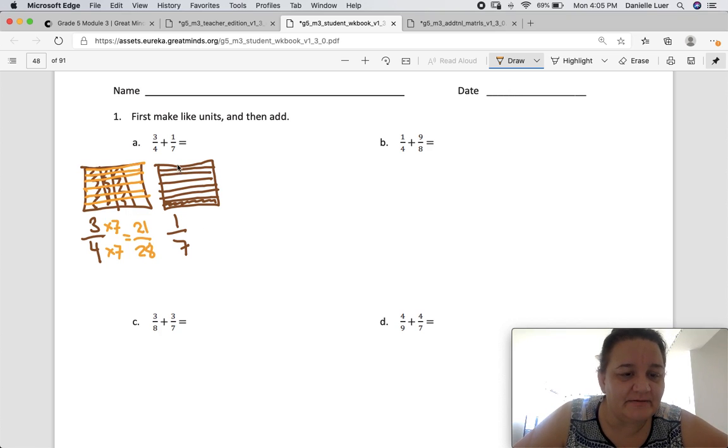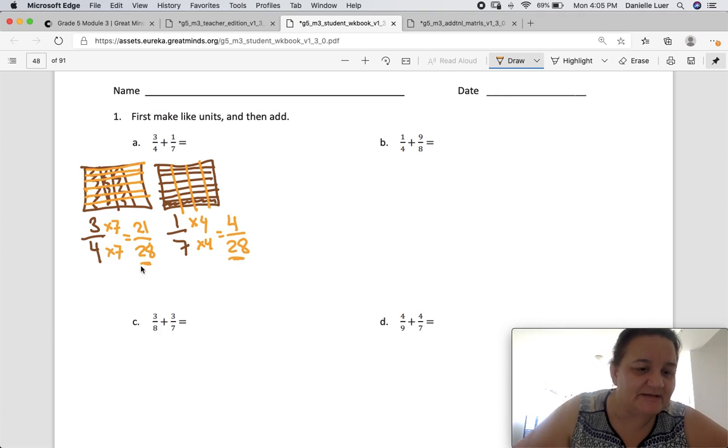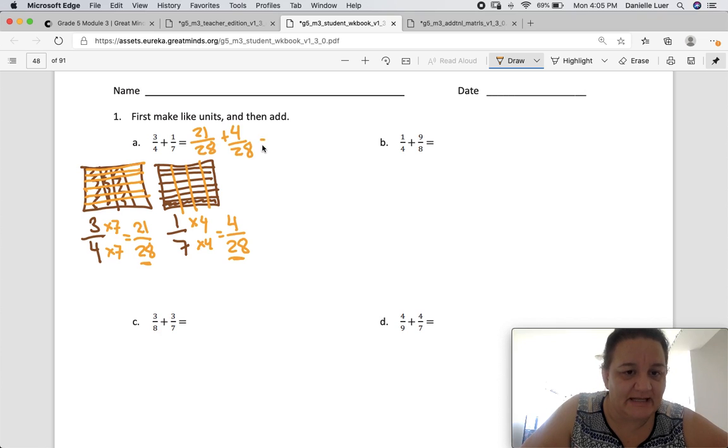And here I have to multiply this one by 4. Now I have 4 over 28. Now I have two common denominators, so I can add my units. 21 over 28 plus 4 over 28 equals 25 28ths.